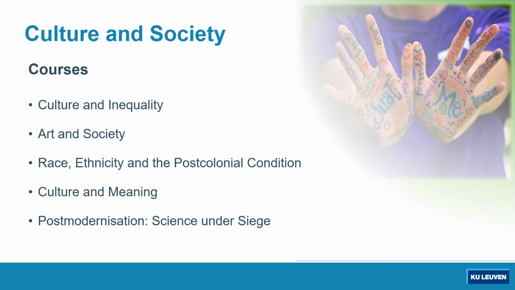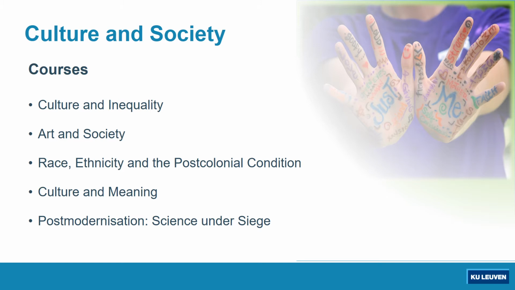Here you see the courses that are part of this specialization. There are courses about art and society. There is a course about contemporary conflicts, about the authority of science.